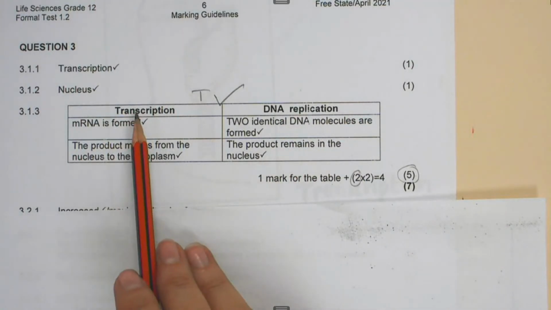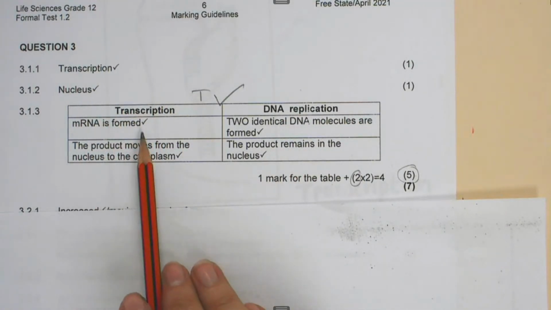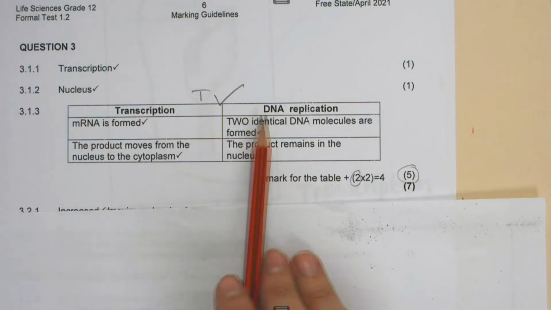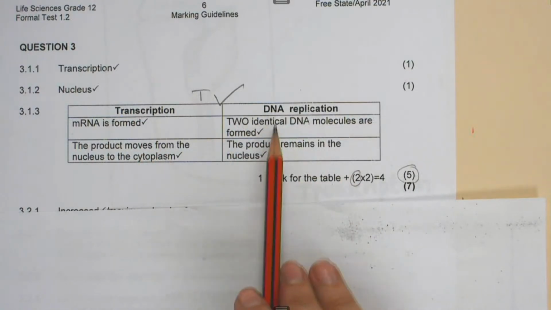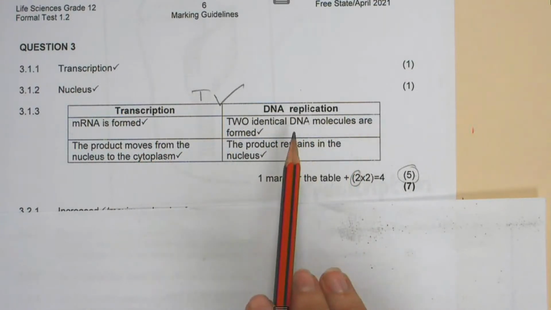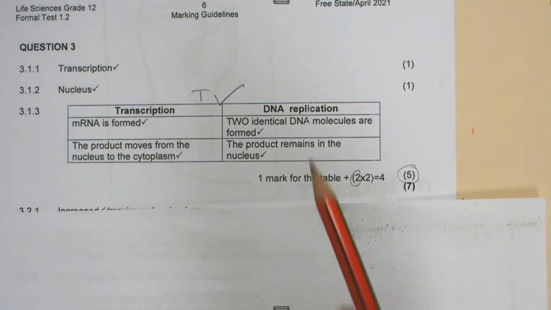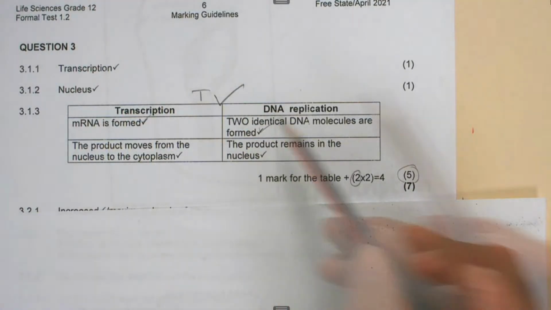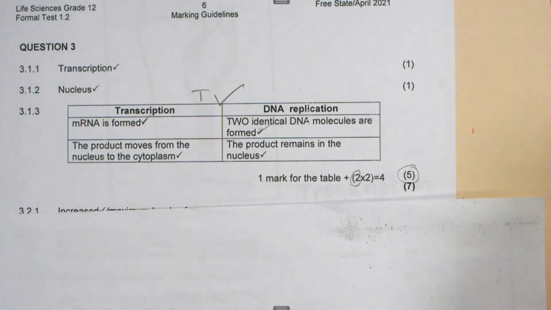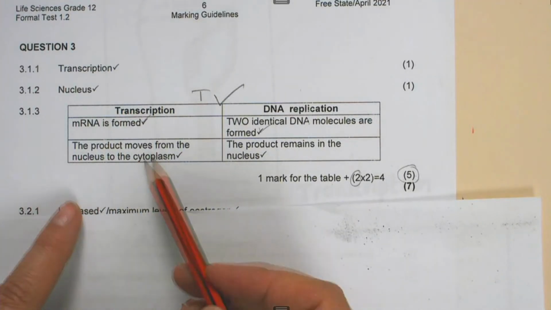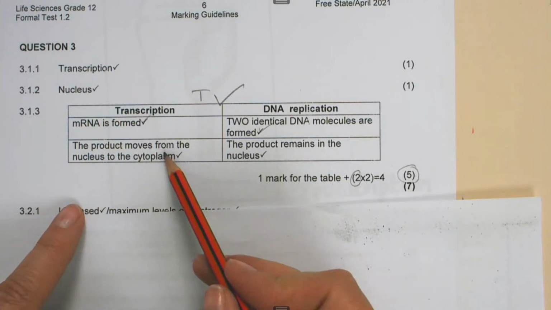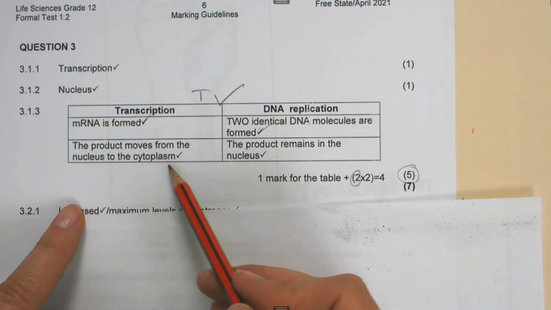So during transcription, mRNA is formed, and during DNA replication, 2 identical DNA molecules are formed. That would be the first difference, and there is 1 mark for transcription and 1 mark for DNA replication.